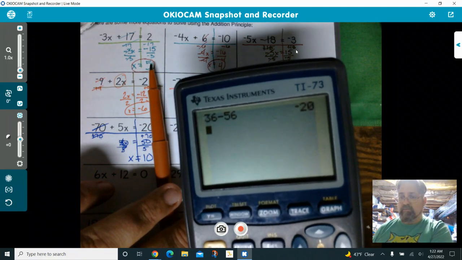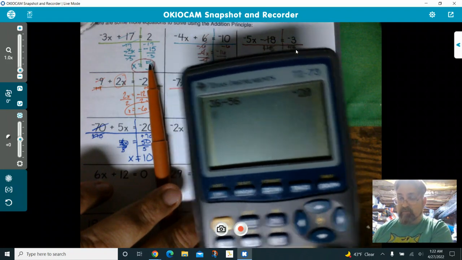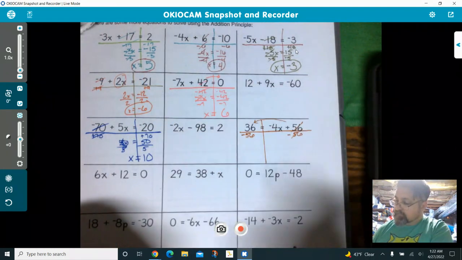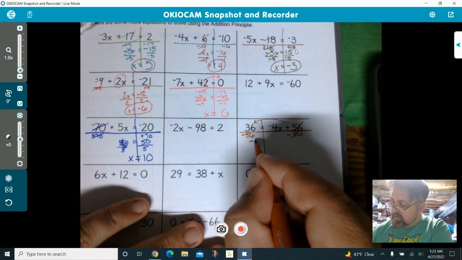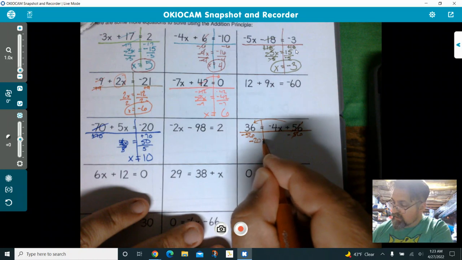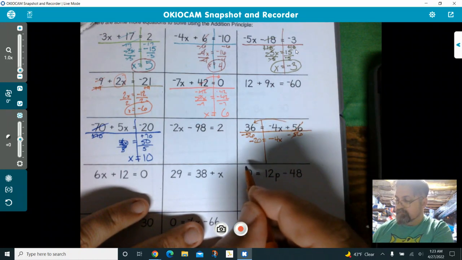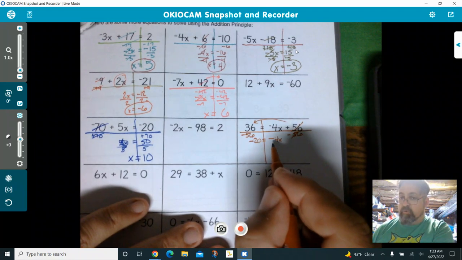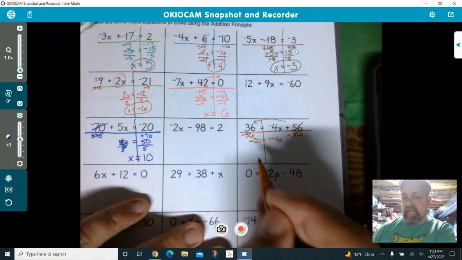So 36, take away 56, leaves me with a negative 20. So negative 20 equals negative 4x. So negative 4 times this number gives me negative 20.